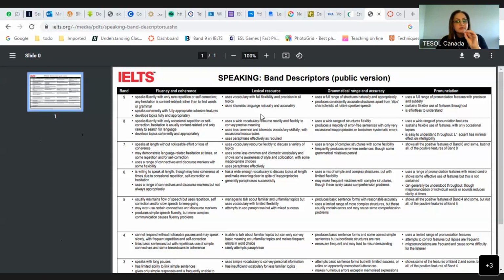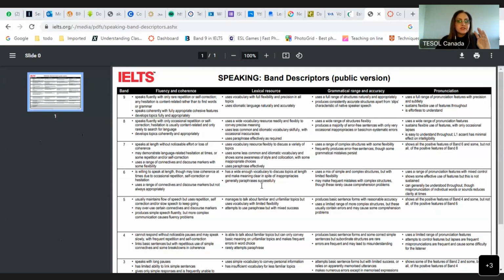Lexical resource means using vocabulary with full flexibility, not repetitive, no repeated words. Idiomatic language. Do you remember I said using idioms really impacts your score? And grammatical range means different grammar and structures.